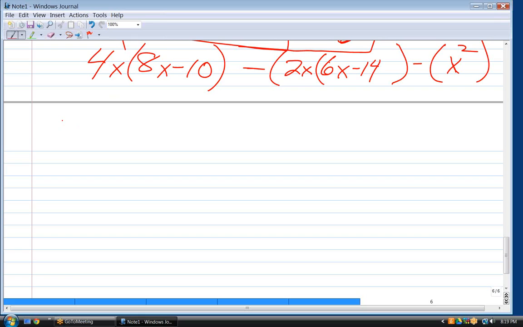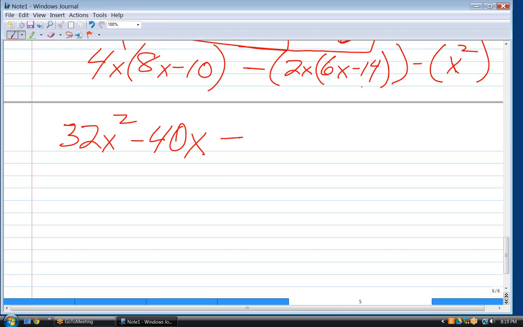What do you get? 4 times 8 is 32x squared. In other words, you have to multiply the x times the x also. And then minus 40x. Now, we want to work from the inside out. Let me leave one set of parentheses.